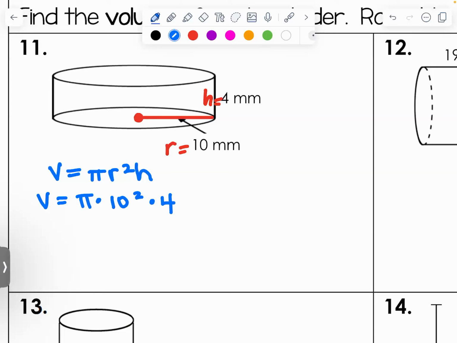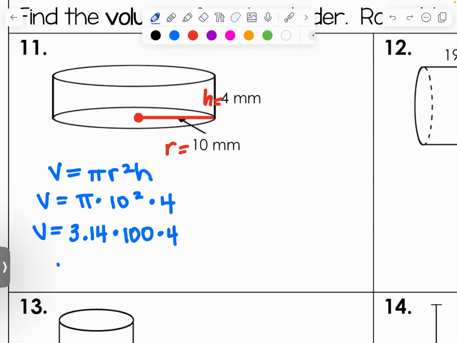Before we put this in our calculator, pi, we said, is the same thing as 3.14. What's 10 squared the same as? 100. Okay, so I want to see the 3.14 times 100 times 4 written down.